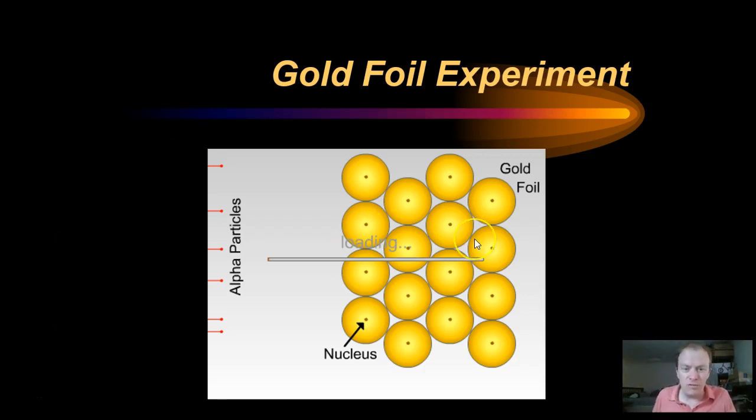And it also must be very heavy and dense because on very rare occasions, an alpha particle would strike the nucleus directly and be bounced straight back. So the nucleus must be a significant concentrated amount of mass that the things are hitting. So after this, we knew a lot about the nucleus, and a lot of the basic structure of the nucleus was in place.